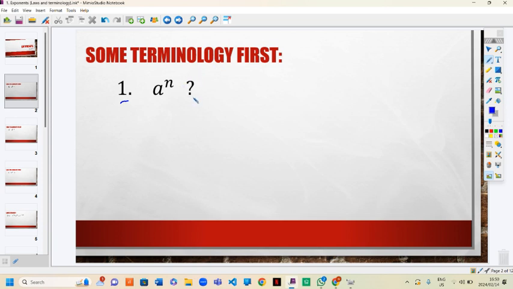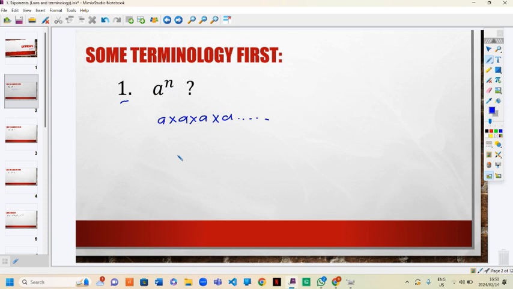There are different terminologies. It basically just means that this a is multiplying by itself however many times. To the power of n, I don't know what that number is, so a is multiplying with a until I get to n, and it could be infinity, it could be 5, it could be 2.